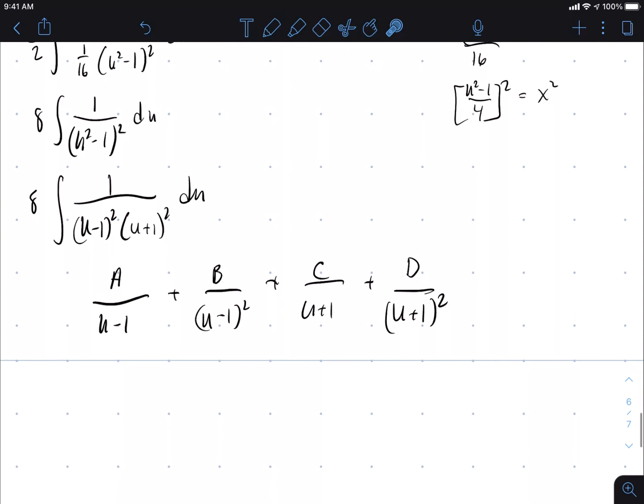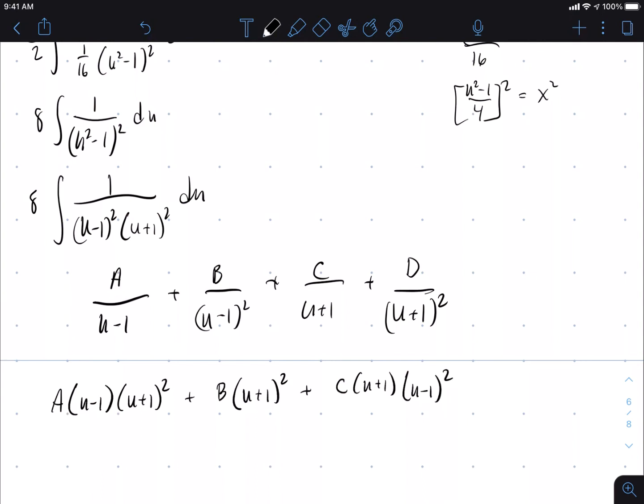So A would be multiplied by u minus 1 because it needs a u minus 1 to have the denominator to the right power, and then u plus 1 squared. Plus, then the B only needs to be multiplied by u plus 1 squared. The C would need a u plus 1, but then it would need u minus 1 squared. And then D would only need the u minus 1 squared.